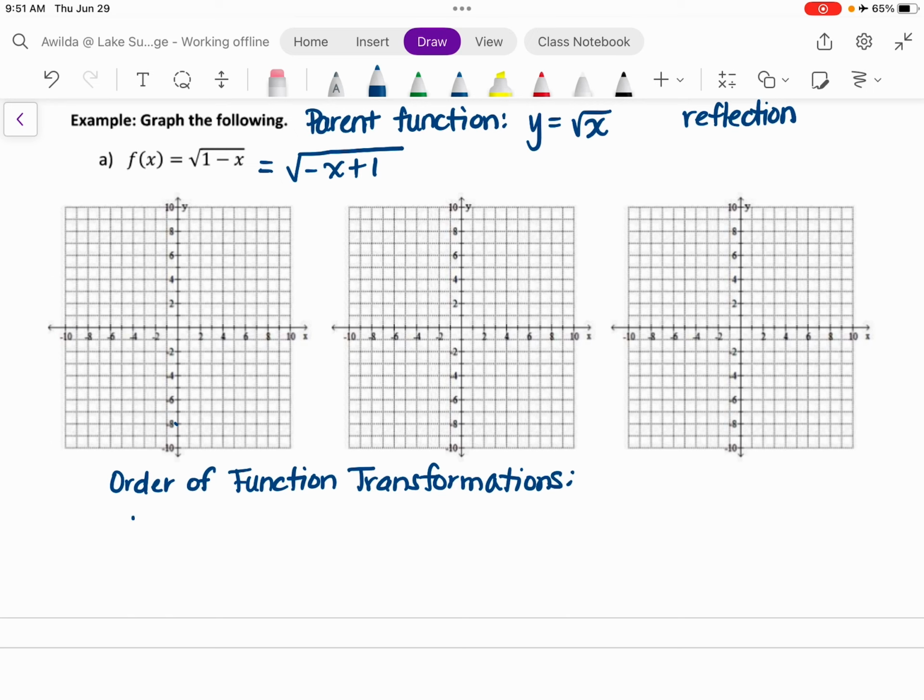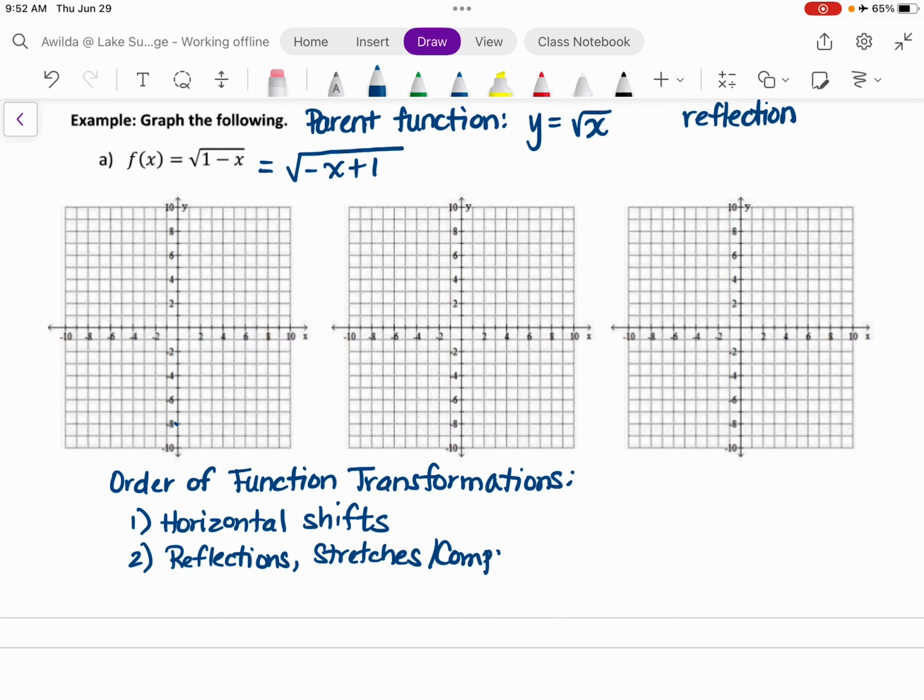First, if there are any horizontal shifts or translations, that has to happen first. Second, if there are any reflections or stretches and compressions, which we'll talk about in the next objective, those happen in any order next.